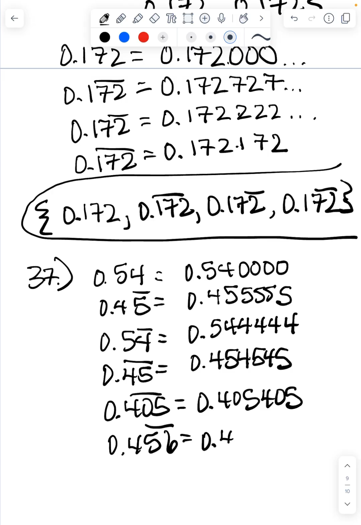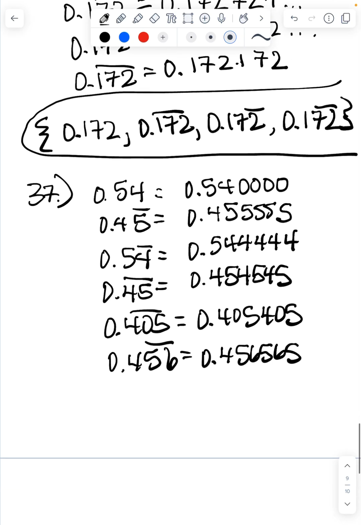Then we have 0.456565. Okay. Anything with a 4, we're going to do first. But we do have to go to the second row. Okay, so this guy's going to be first. This is 1. So 0.405 repeated.